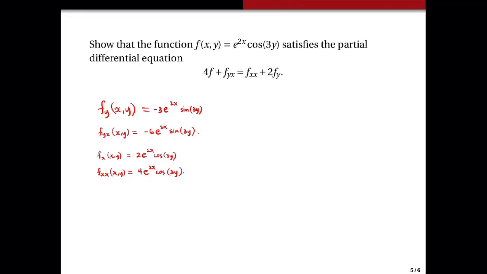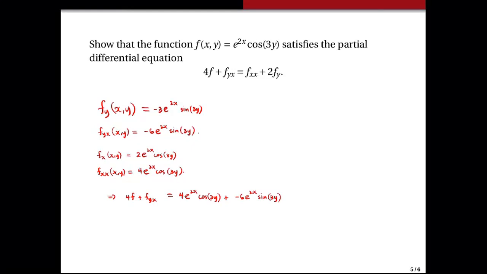So finally, let's have 4f plus f sub yx. We will have here 4 times e to the 2x cosine 3y plus f sub yx, which is negative 6 e to the 2x sine 3y.